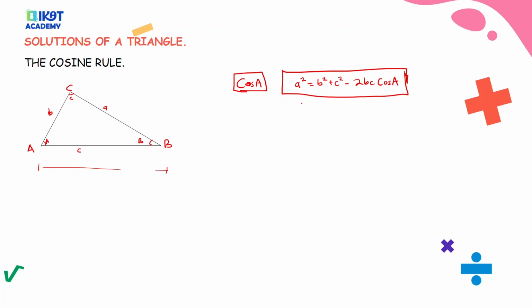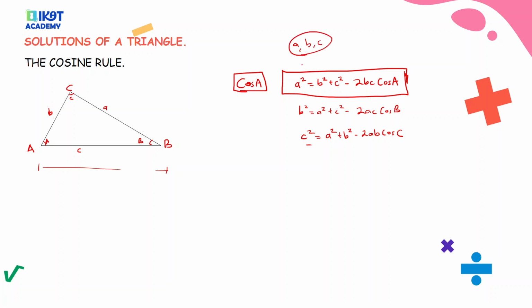Of course, you know there is b squared equals a squared plus c squared minus 2ac cos B, and then we have c squared equals a squared plus b squared minus 2ab cos C. So this is c, this is cos C, this is b, this is cos B, this is a, this is cos A. And I've told you what a, b, and c mean.